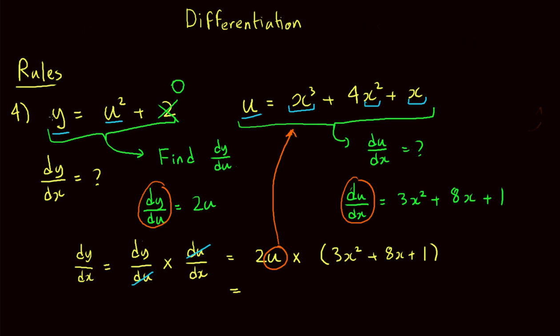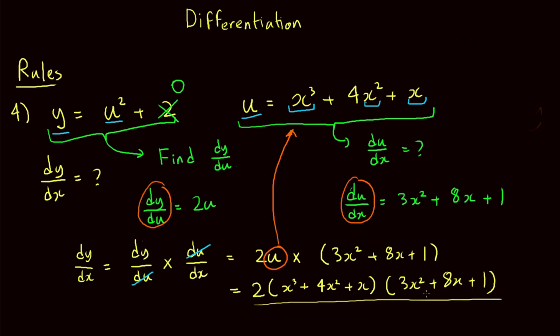So it would be simply 2 times (x cubed plus 4x squared plus x) times (3x squared plus 8x plus 1). So this is our derivative, this is our dy/dx.